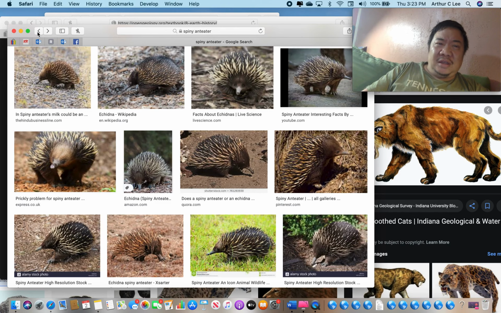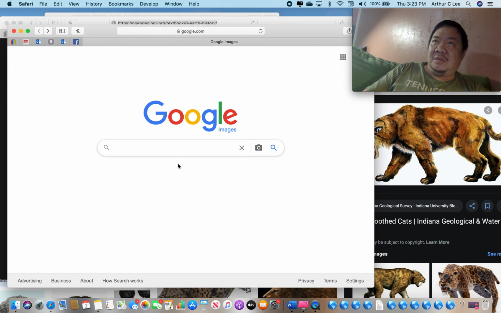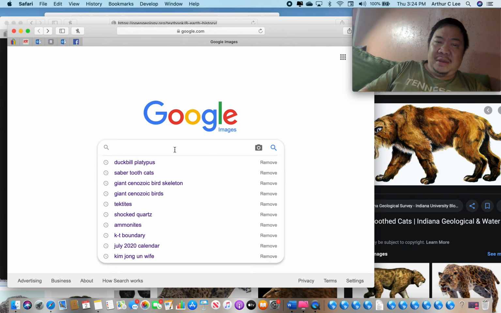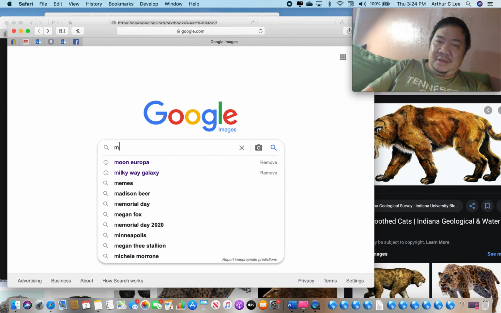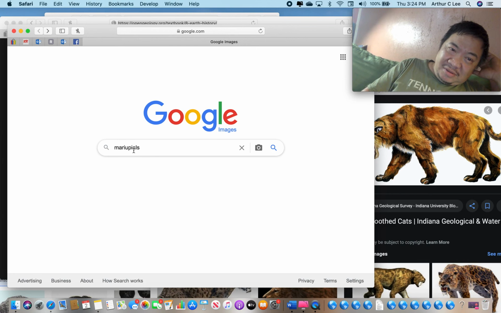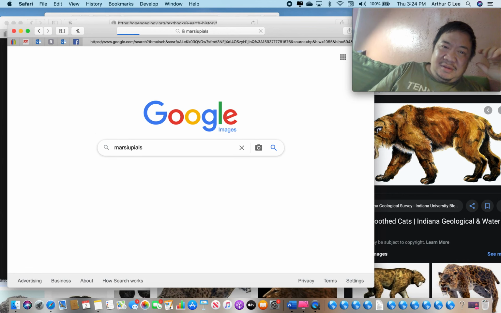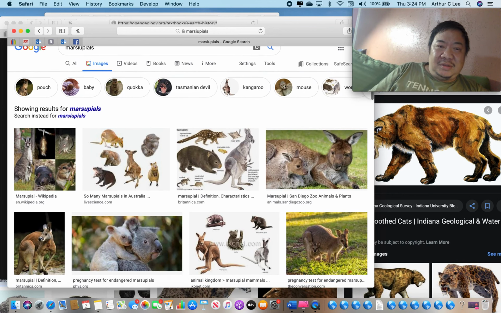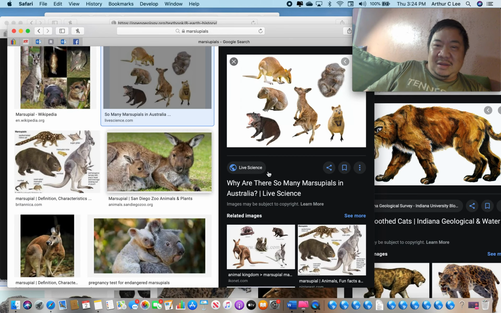Now let's move on. So those are the egg-laying mammals. They're the most primitive. The second type that we're going to look at is the marsupials. What type of marsupials are there? Well, here's some different ones. The koala bear, the kangaroo, the wombat, the Tasmanian devil.